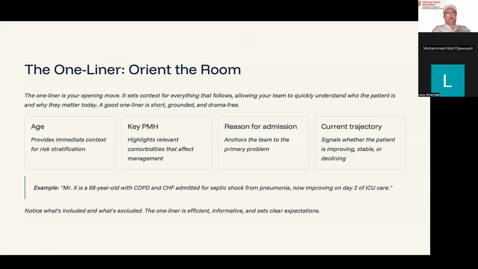And before we get into the one-liner, why is a one-liner so important? Think about yourselves not as medical students, but as someone who is just living. If you open a video on your phone, if someone is coming to tell you something and you're in a hurry, you usually like it when they just tell you what they need to tell you quickly so that you can move on.